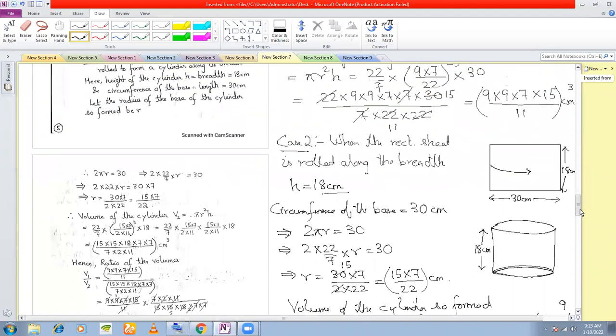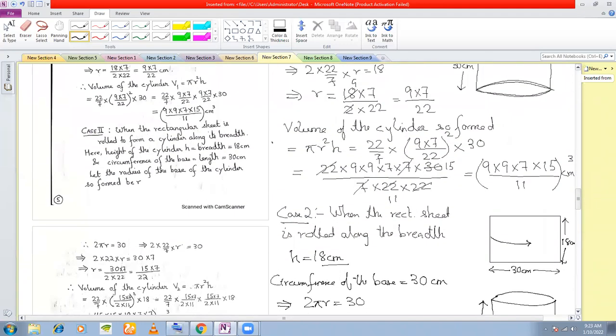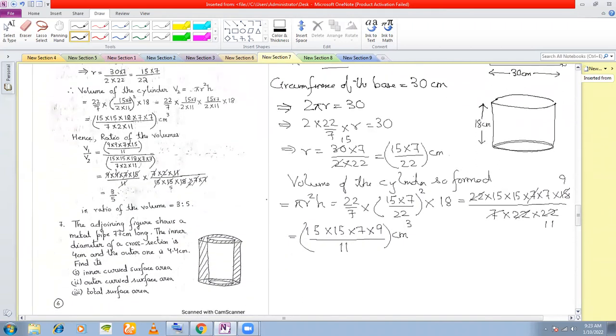You have to calculate the ratio of the volumes. So if I call this volume V1 in the first case, and if I call this volume V2, because they will be different, because you're rolling it differently in both the cases.